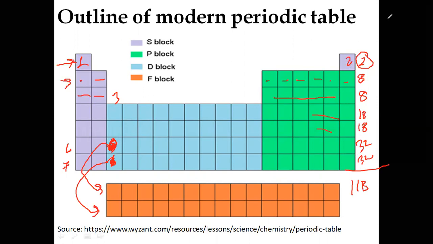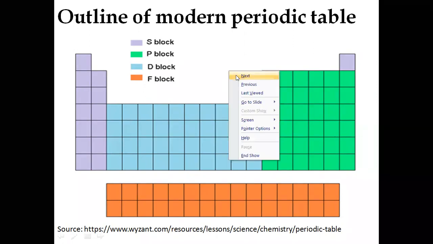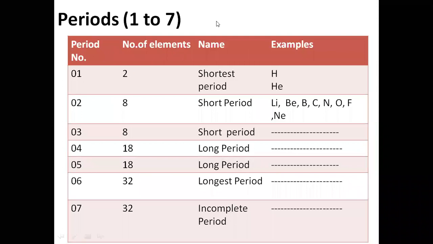So let's now study these periods, which are those periods, and the number of elements in each period. Period number 1, which is the smallest period, we call the shortest period because it contains only 2 elements. Period number 2 contains 8. Period number 3 also contains 8 elements, and we call these short periods. Similarly, periods number 4 and 5 contain 18 elements.